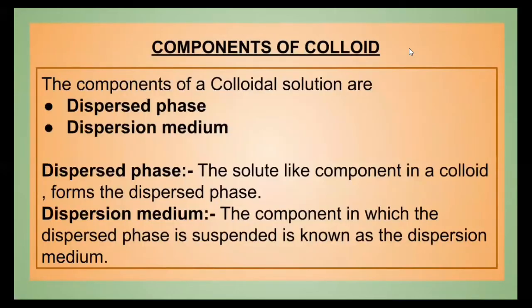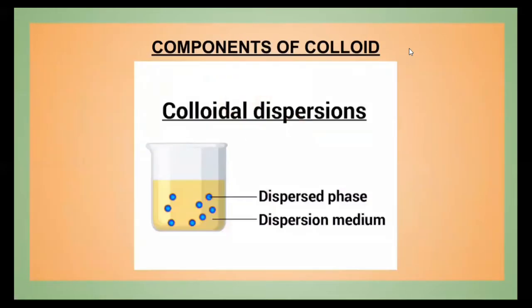The components of colloids, which we have already discussed, are the dispersed phase and the dispersion medium. Here is the diagram of the dispersed phase and dispersion medium in a colloid. The medium is that in which the dispersed phase is suspended.